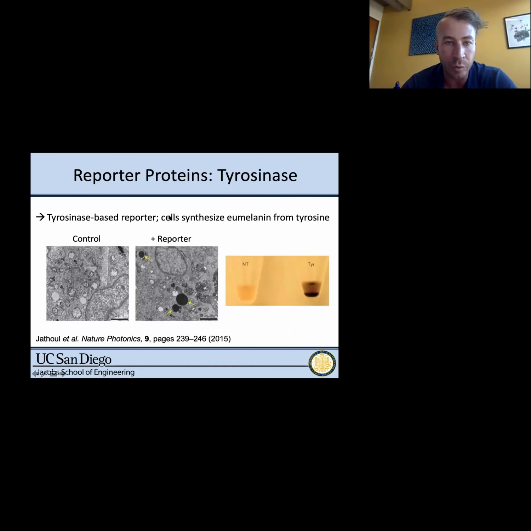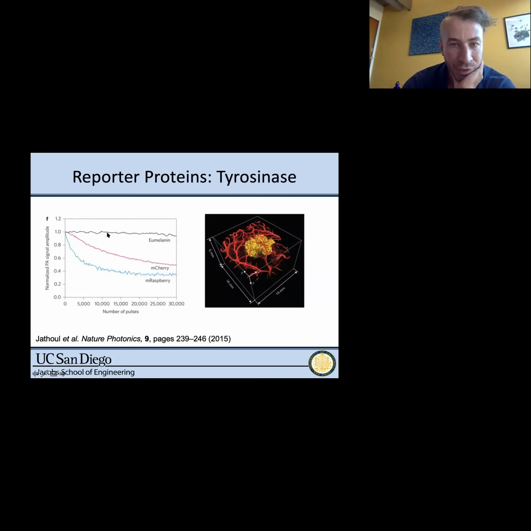And then more recently, people have looked at putting in the tyrosinase gene. Tyrosinase is an enzyme that allows cells to make melanin from tyrosine. And it's black, so it absorbs light, and if it absorbs light, it generally produces photoacoustic signal. So you can see these melanin areas in the cells.